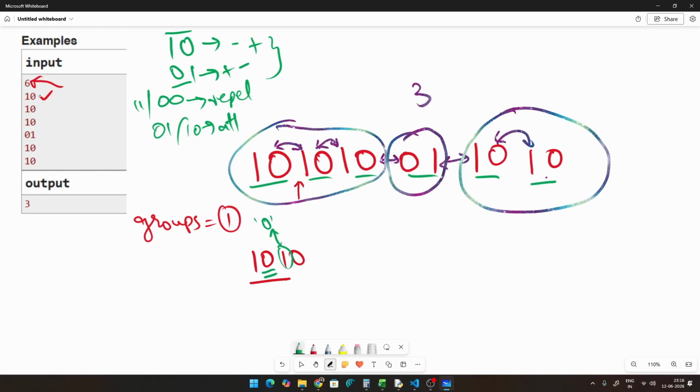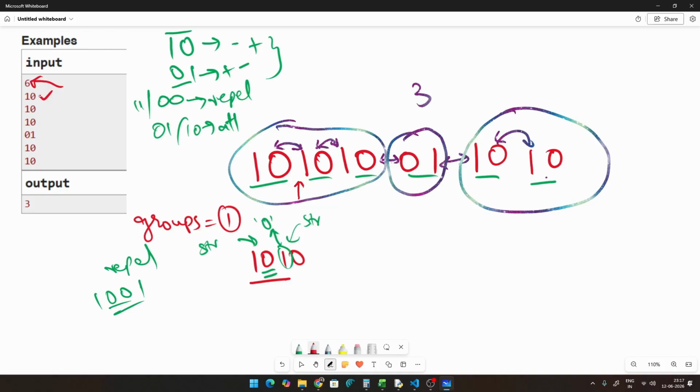Consider this as string 1 and this as string 2. Okay, forget the magnets now. I want to find out if the last element of the first string is not equal to the first element of the second string, which means they attract. If the last element of the first string and the first element of the second string are the same, they will repel. Let's just try to see what this looks like as well.